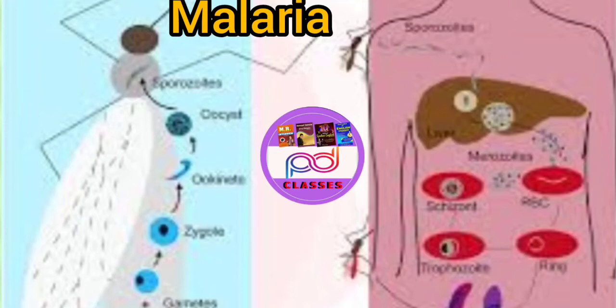Treatment of malaria according to the National Vector-Borne Disease Control Program: Plasmodium vivax and Plasmodium ovale can be treated with chloroquine plus primaquine, whereas Plasmodium falciparum and Plasmodium malariae may be treated with artemisinin combined therapy (ACT) plus primaquine.